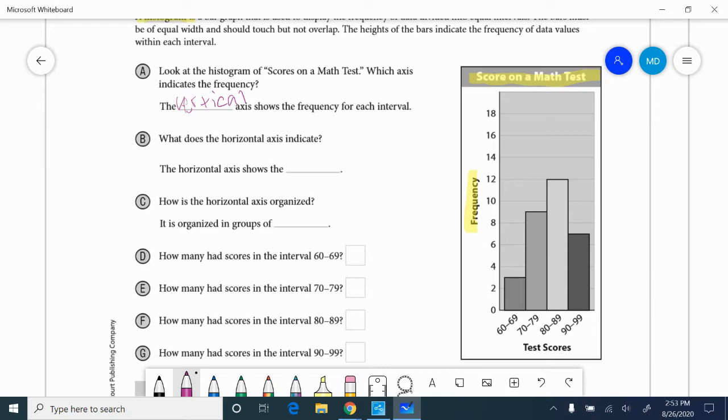What does the horizontal axis indicate? Down here, we're running horizontally that way. A good way to remember which direction is horizontal is I usually think of the word horizon. Like if you're watching the sunset and you're looking at the horizon, that runs from left to right. So the horizontal axis shows test scores.